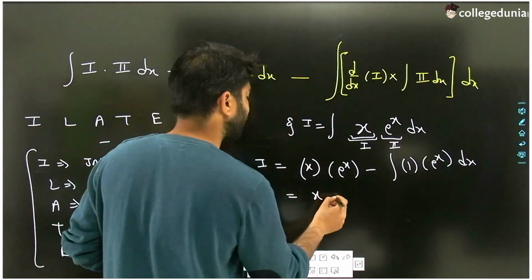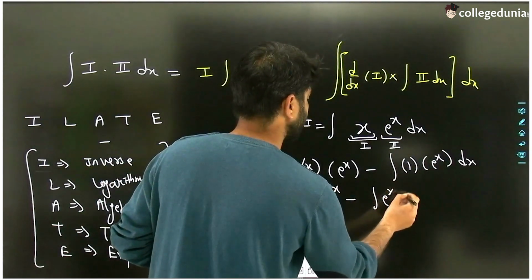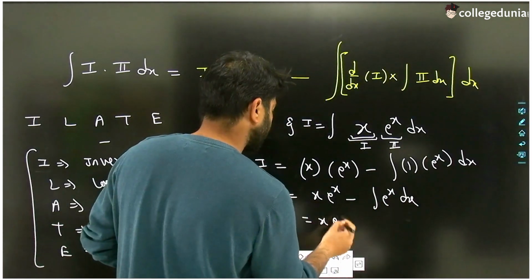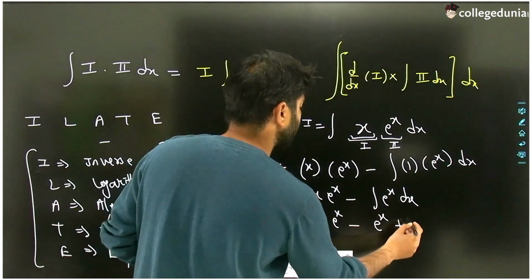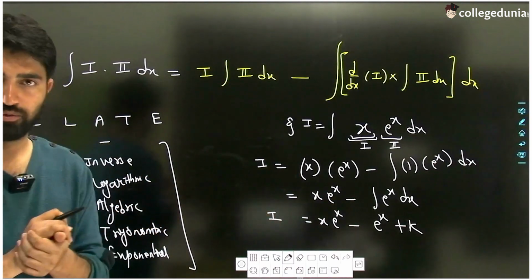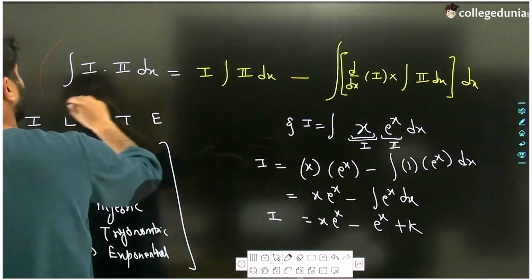So we have x e^x minus 1 into e^x, and we still have to integrate this: x e^x minus the integration of e^x, which is e^x plus k. And guys, this is our by parts rule.